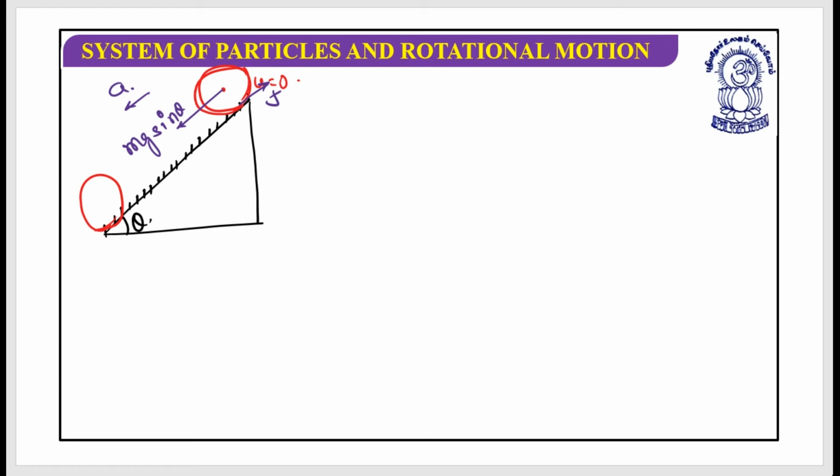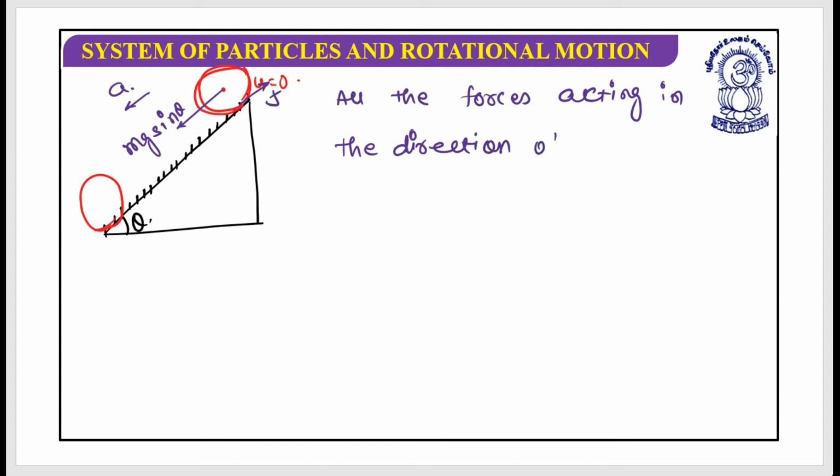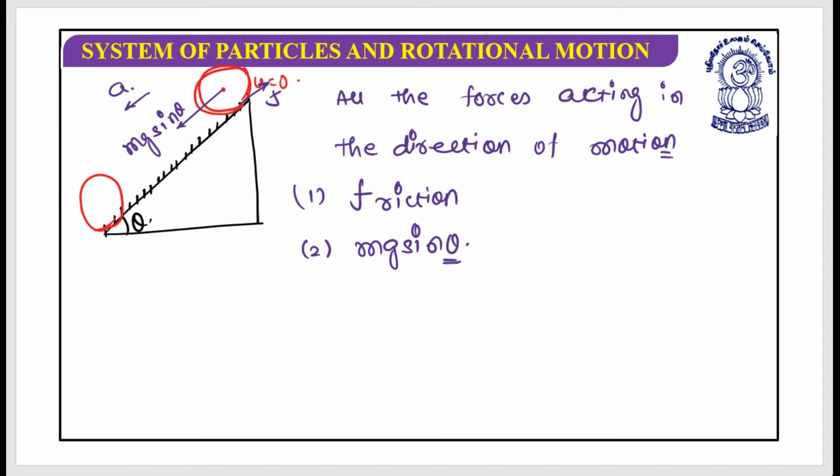So if I consider all the forces acting in the direction of motion, one of the forces acting is the friction. Yes, it's parallel or anti-parallel I am talking about, and the other is mg sine theta.